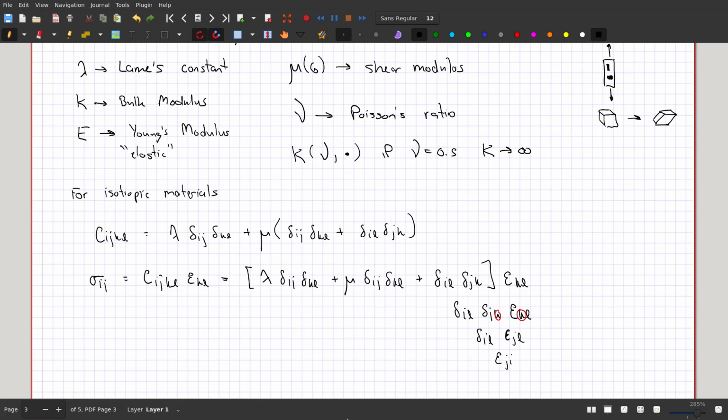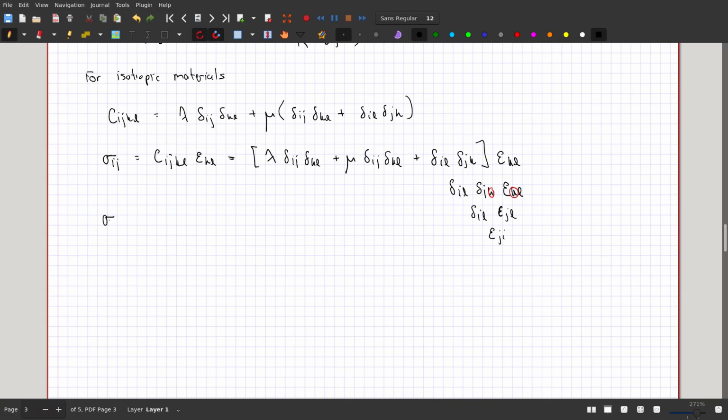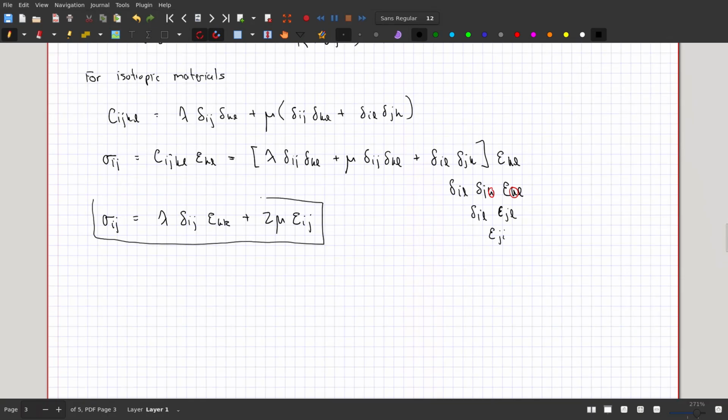So if you follow those same rules across the whole thing, then we get, so that is generalized Hooke's law for an isotropic material in tensor notation. So that's epsilon KK. Just to clear that up.